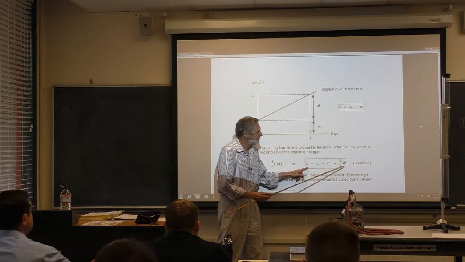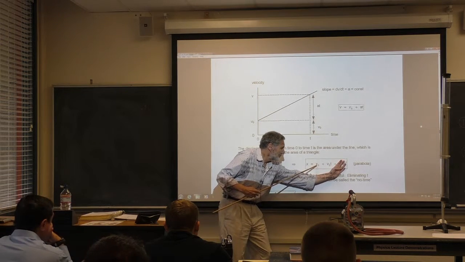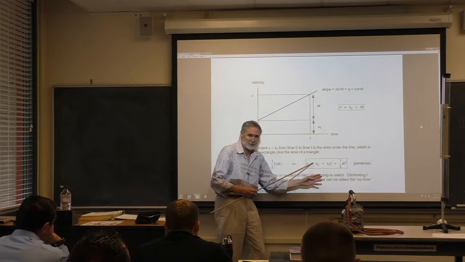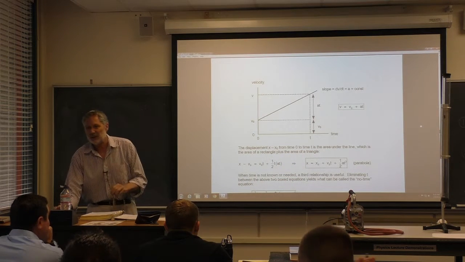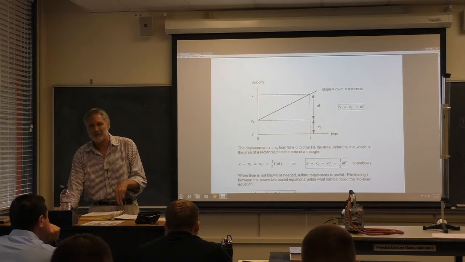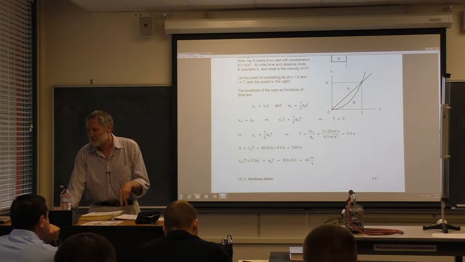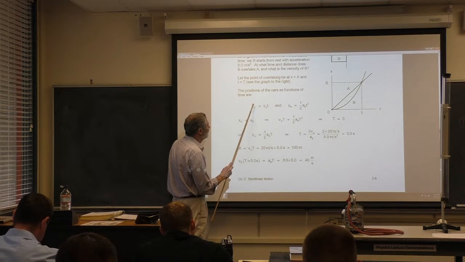Car A has no acceleration, so this is 0. If V0 is constant and X0 is 0, we just get that equation. After a while, for constant velocity, you're just going to write down that velocity is distance divided by time. So the distance is the velocity times the time.